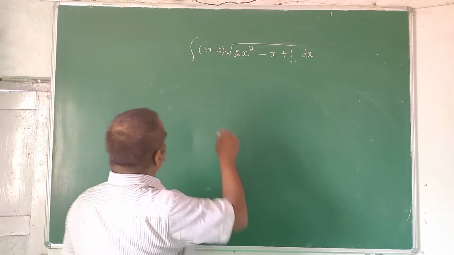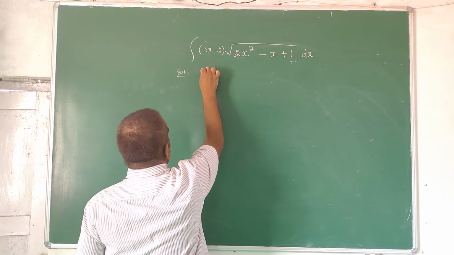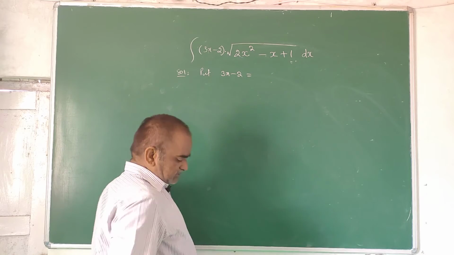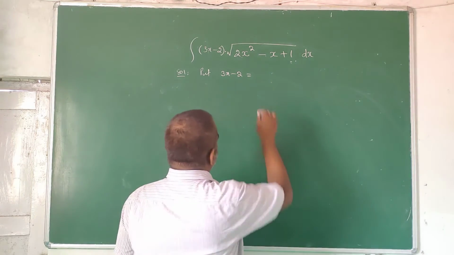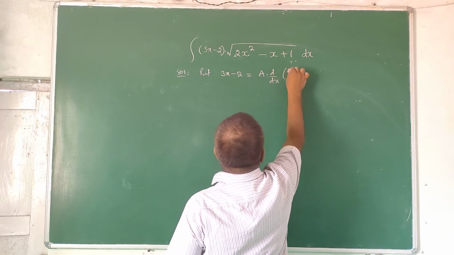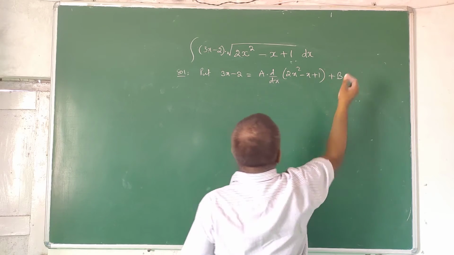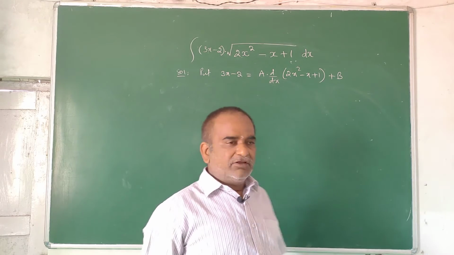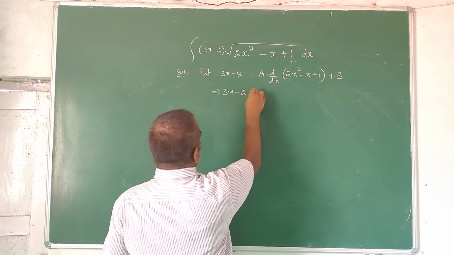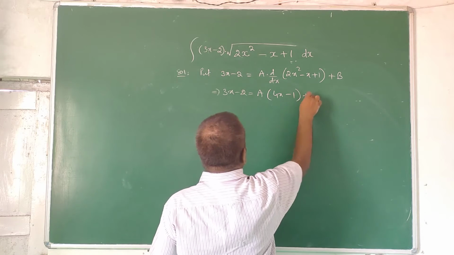So solution, as it is like the previous problem, we have to put 3x minus 2 is equal to a into d by dx of (2x square minus x plus 1) plus b. So now simplifying, 3x minus 2 is equal to a into (4x minus 1) plus b.